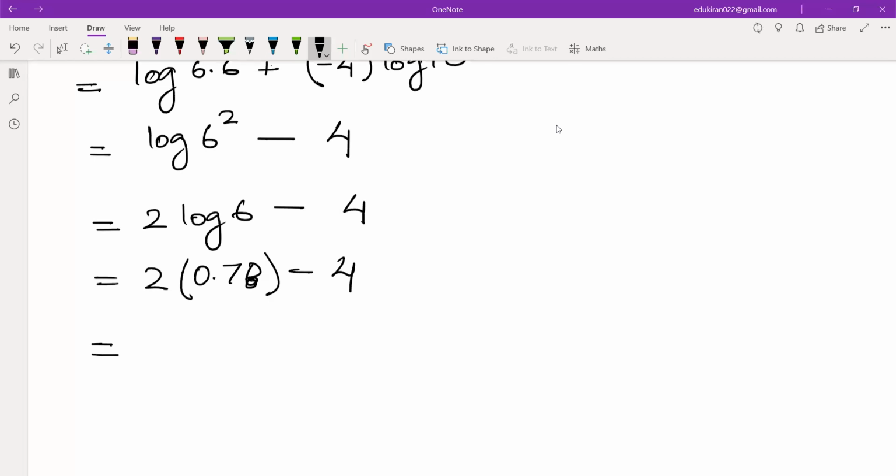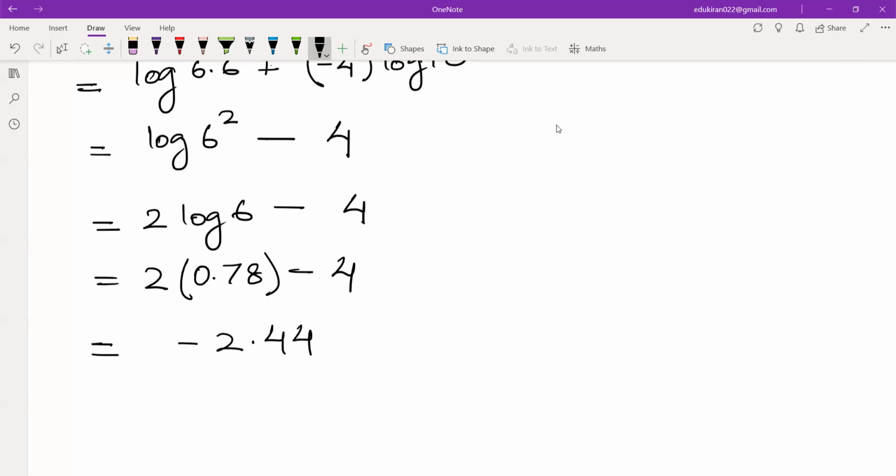Now this will be equal to what? So 0.78 minus 4 is -2.44. I think you have calculated this completely, -2.44, after subtracting 4, correct?